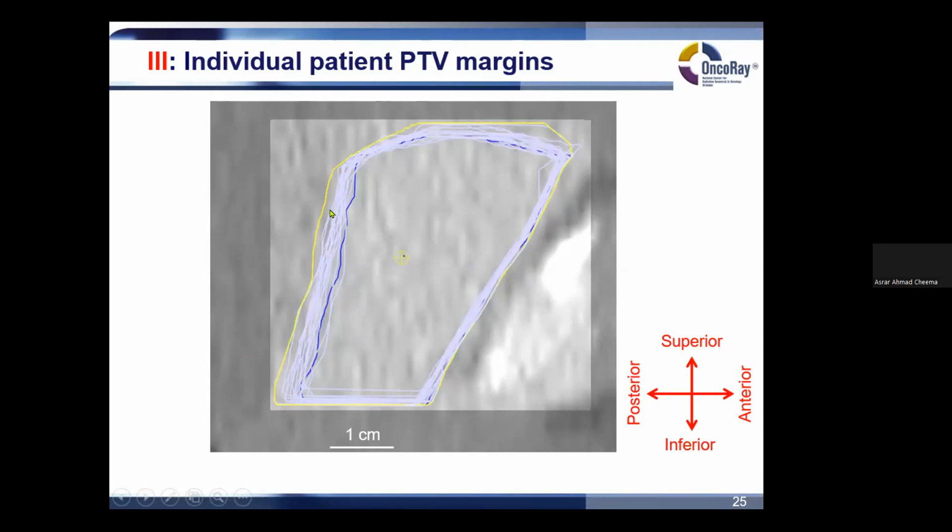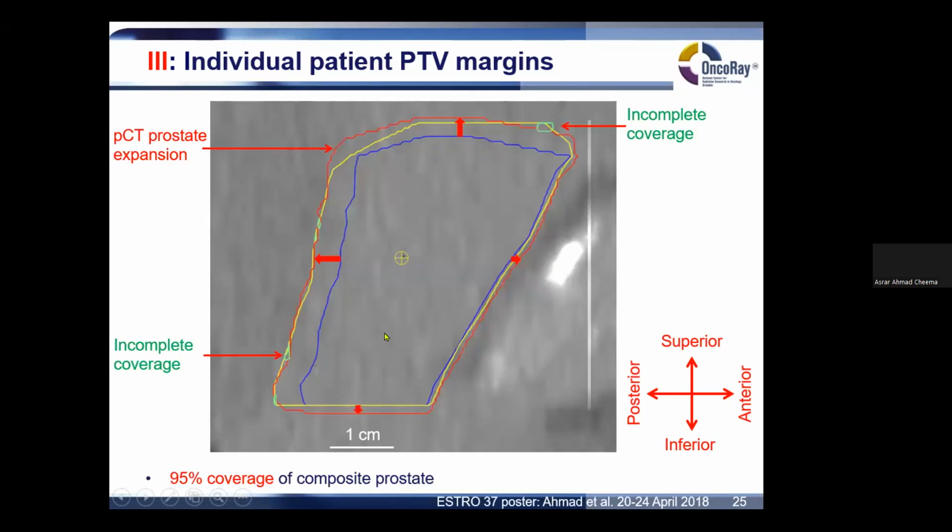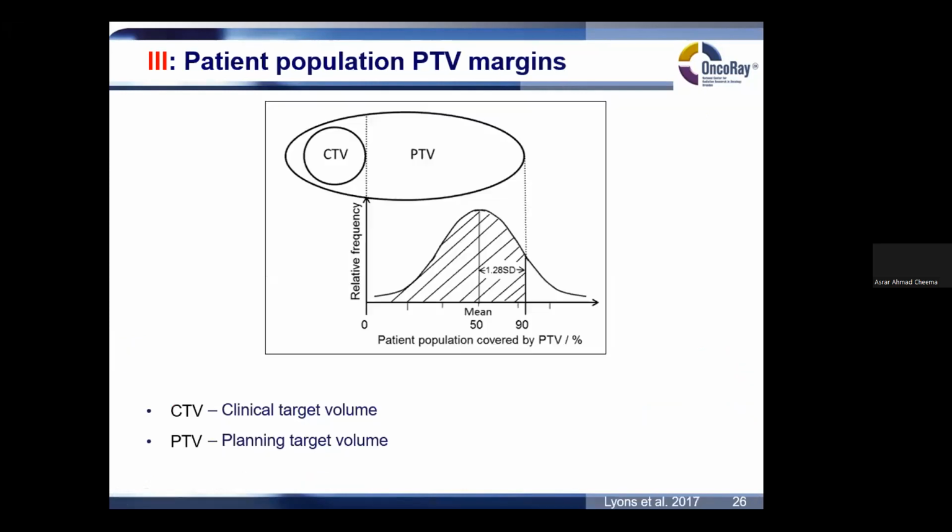So by combining all these control CTs, we get a composite prostate, and then covering this composite prostate with 95% by expansion in all directions around the planning CT, we get the composite prostate coverage based PTV margins. So these are the small areas where coverage is not complete, but we require 95% coverage, as per the PTV margin calculation comparison with other methods.